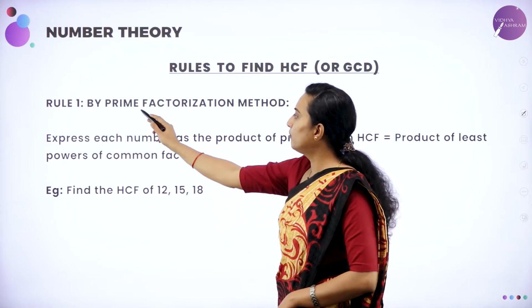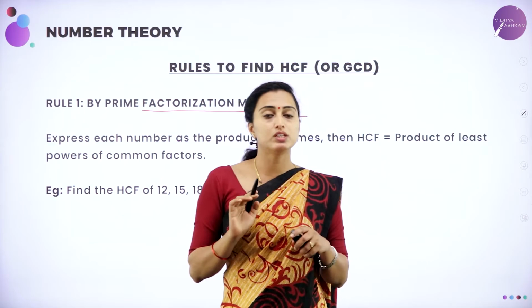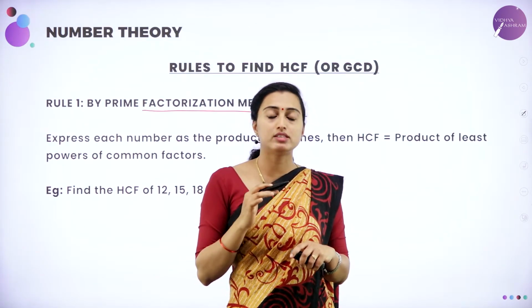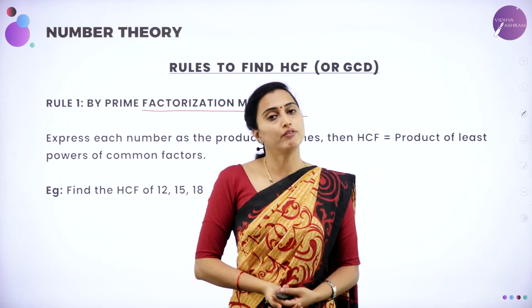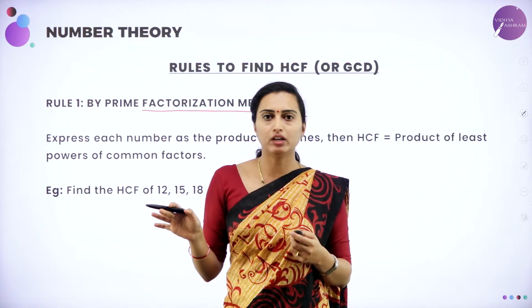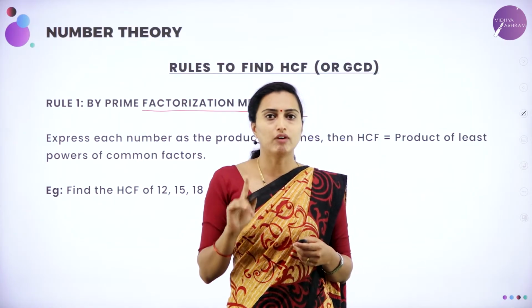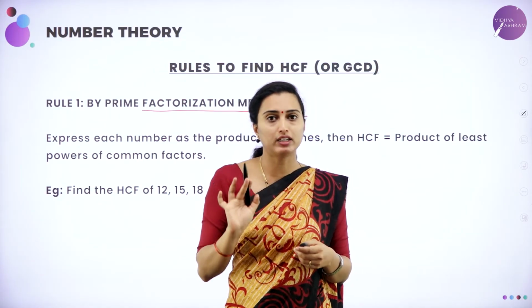Next we'll move on to rule 1, how to find the HCF. First we'll look at the prime factorization method. Here don't confuse the LCM and the HCF. HCF is the highest common factor. How do you find the LCM? For LCM, you write all the factors and take the highest power of each number only once. That is the LCM by prime factorization method.